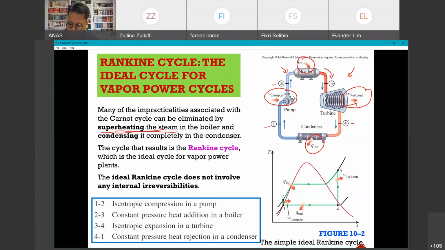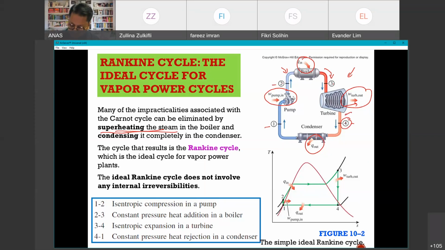Then after the liquid enters the turbine, some work is being done. Remember, the steam is being used to rotate the turbine. And when the substance exits the turbine at stage 4, some of the energy is already lost because of the work being done.